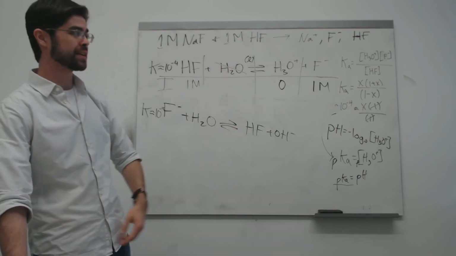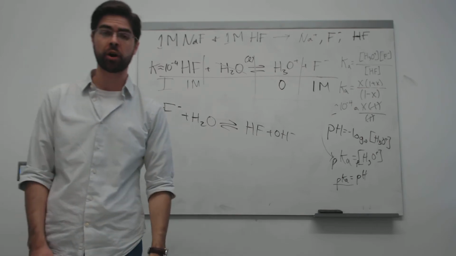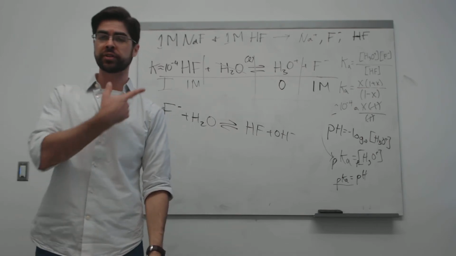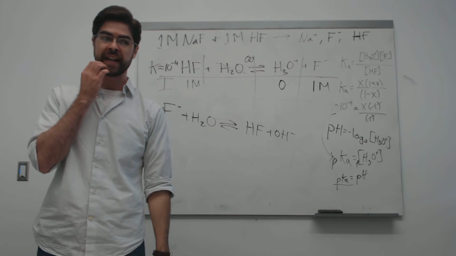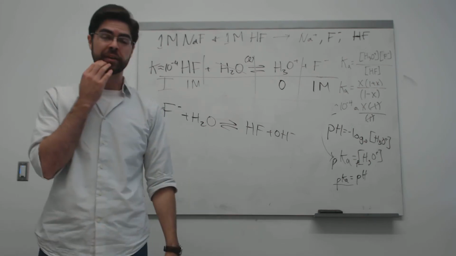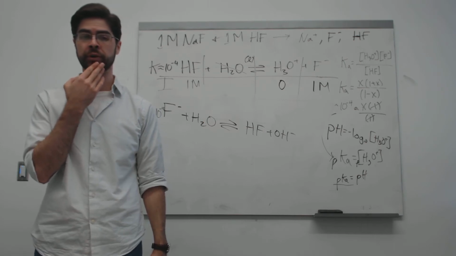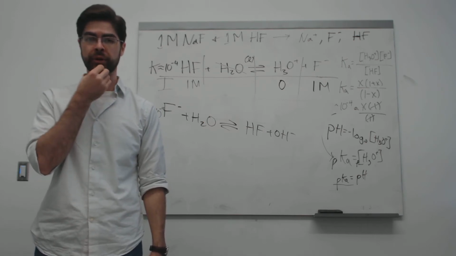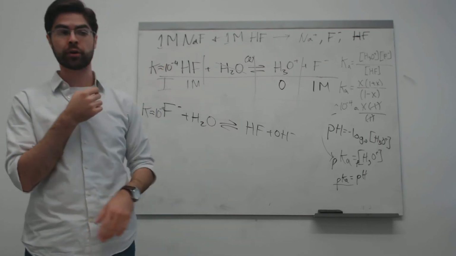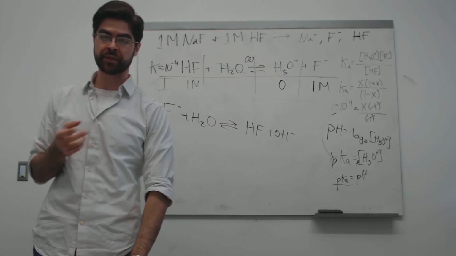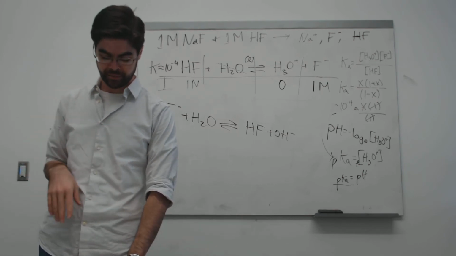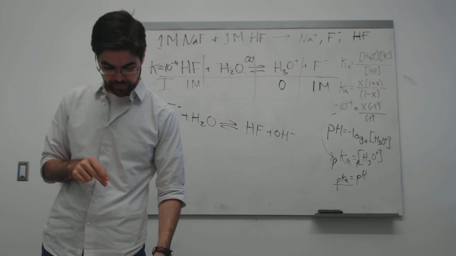Or you could work through an exact numerical calculation and argue, okay, this equilibrium is such that the pH is going to end up being just equal to the negative log of the equilibrium constant for the acid. And since that equilibrium constant is greater than 10 to the negative 7, the pH is going to be less than 7, so it will be acidic.